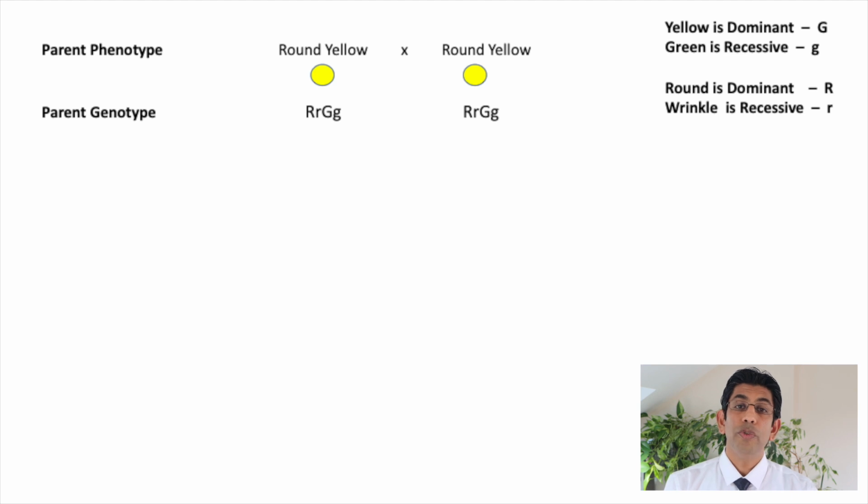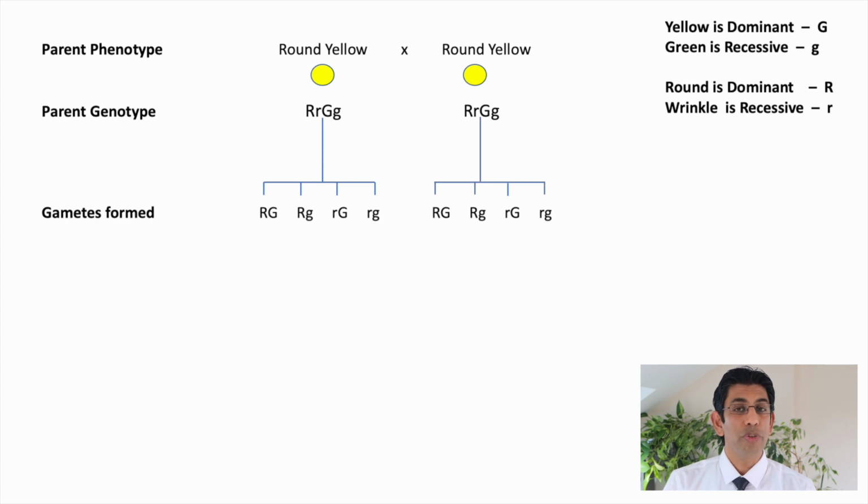Now, if we use the offspring of the first fertilization to carry out another fertilization, remember all the offspring of the first fertilization are heterozygous for both characters. So capital R, small r, capital G, small g. So these two parents are now going to create four different gametes since they are heterozygous for both characters.